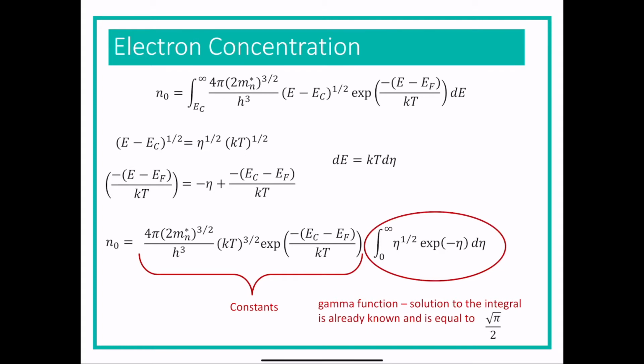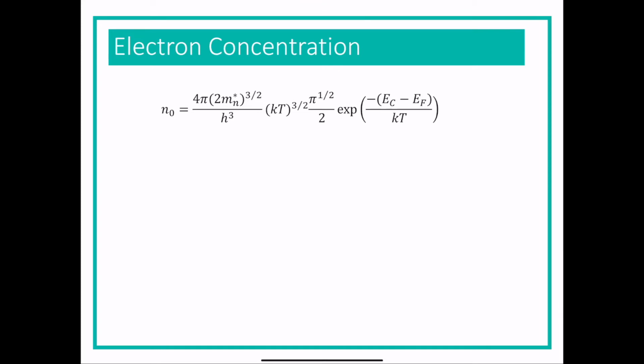So that integral part actually just becomes another constant, which means the only things that actually have values that we don't know are the conduction energy and the Fermi energy, which we kind of even know. So we're going to take this whole mess and put it together. This is what we've got now after doing the integration.